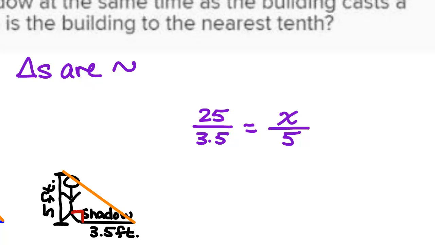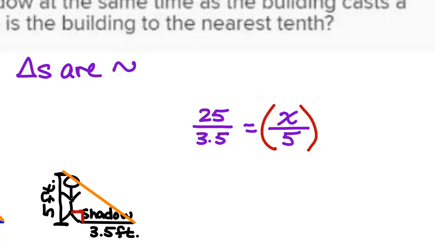I don't want X to be part of a fraction. I want to get it by itself so that I know exactly how big X is. What kind of an operation can I use to get rid of the fraction? Multiplication. And we know if you do multiplication to one side, all right, let's see if we can finish this out.